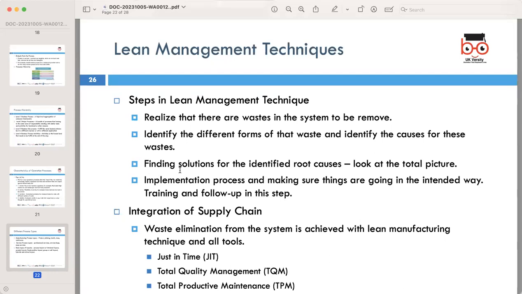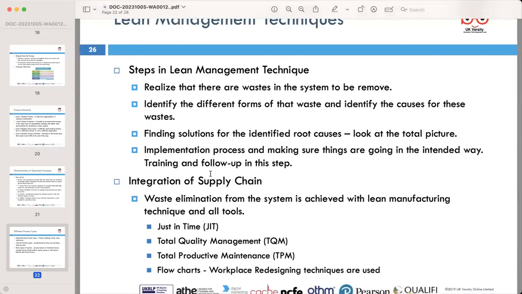Then implementation and monitoring: implementing the process and making sure things are going in the intended way, with training and follow up. After identifying a solution, the next step is implementation. This involves making changes to the process and ensuring that things are progressing as intended. It often requires training and ongoing follow up to sustain improvements.